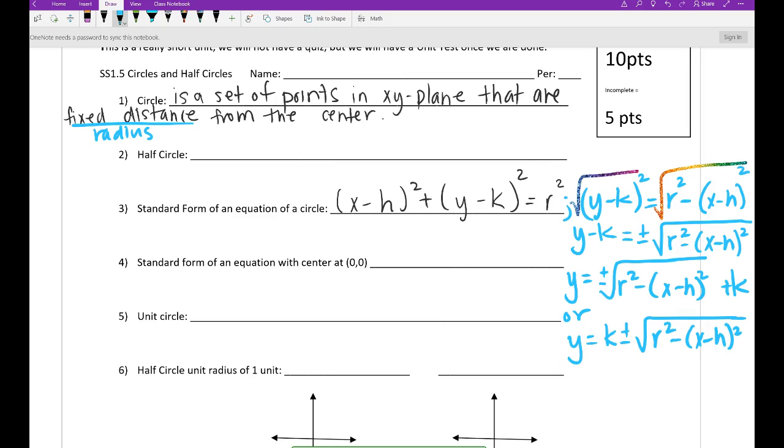What if I just want the top half? I just want half a circle, but just the top half. Which piece would you pick? You take half the equation. Do I divide, you mean like divide by 2?